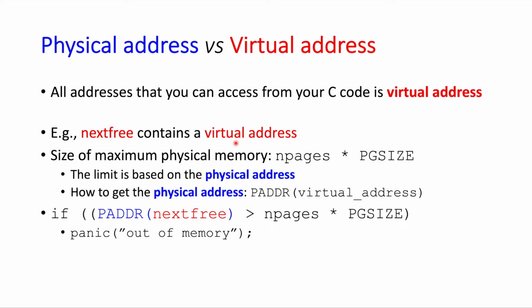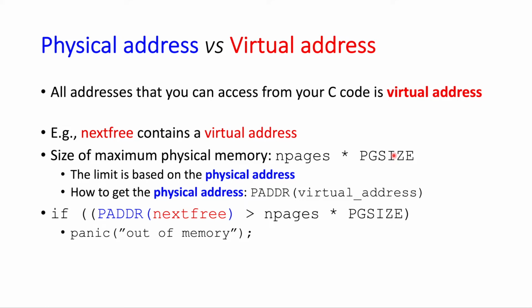But in some cases, we have to use physical addresses. One example is in boot_alloc, where we need to know the limit of the physical memory. The maximum size of the physical memory can be calculated by npages multiplied by the page size, because we have this many pages and each page is sized as PGSIZE, which is 4 kilobytes.